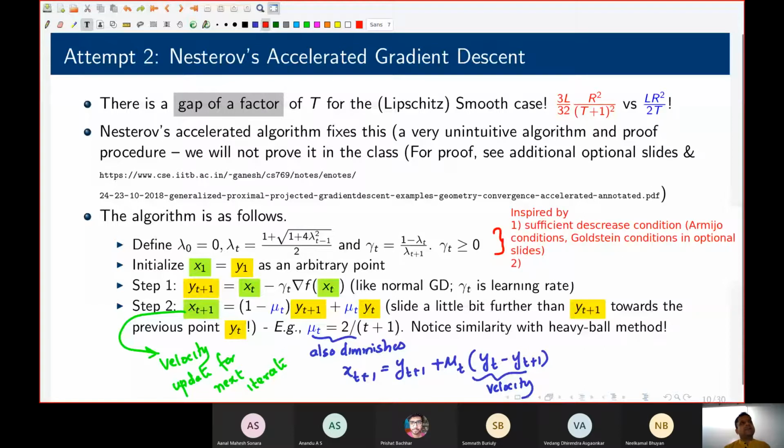And the second is to have this condition satisfied across epochs, across iterations. You may do some interpolation on gamma, the step size, across iterations to help satisfy these conditions quickly.